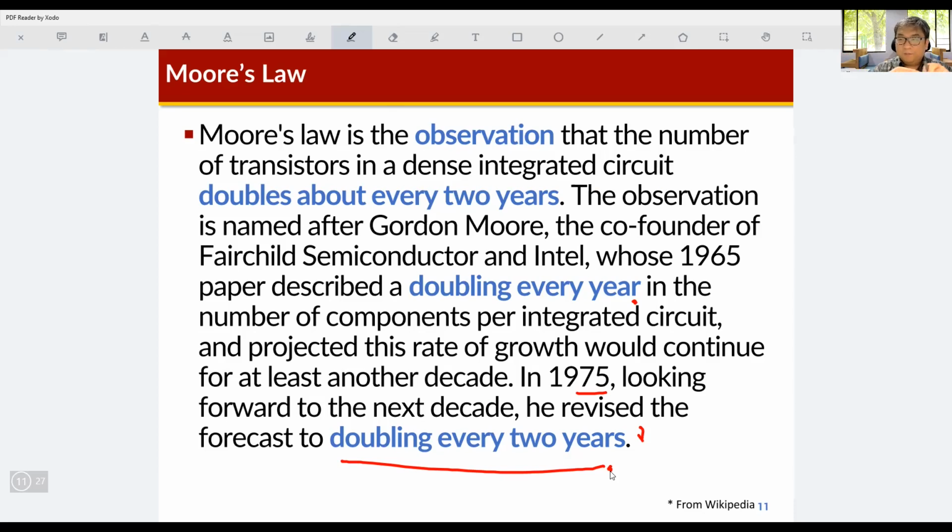And then based on Moore's law, the technology is also developed and improved, and using the forecast by this Moore's law, CPU architects or CPU engineers set the performance goal of the new CPU product.